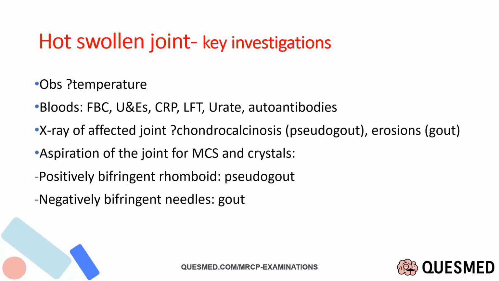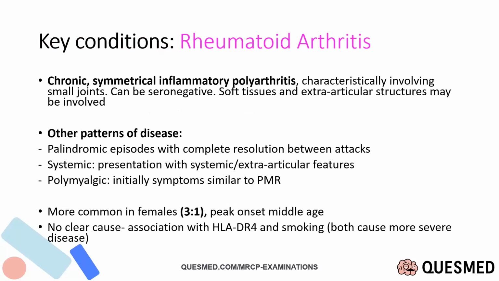The key is to get an aspirate of the joint. So you want to look for an MC&S, rule out septic arthritis, but also crystals. And a key thing to learn for the exam, and I'll show you some pictures later: positively birefringent rhomboid crystals are pseudogout, and negatively birefringent needles are gout. And just really memorize that because that often comes up as well.